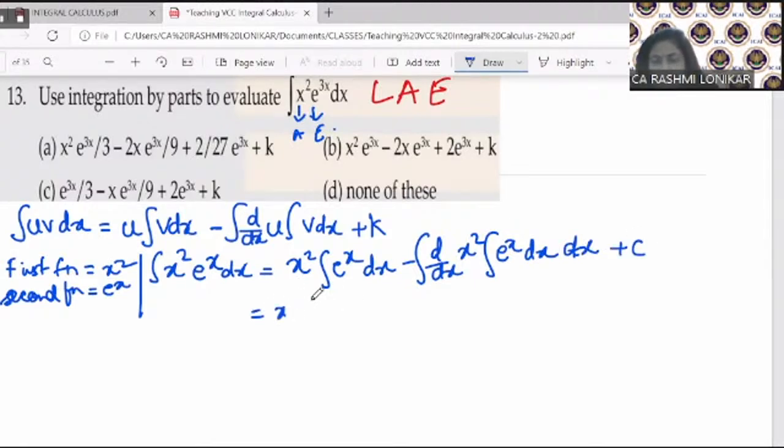Integration of e raised to x is e raised to x. Minus derivative of x square, which is 2x, so 2x e raised to x, plus c.